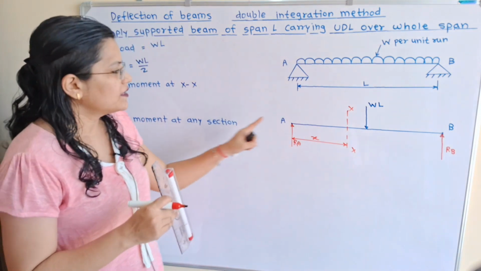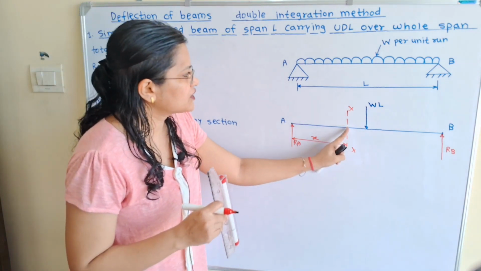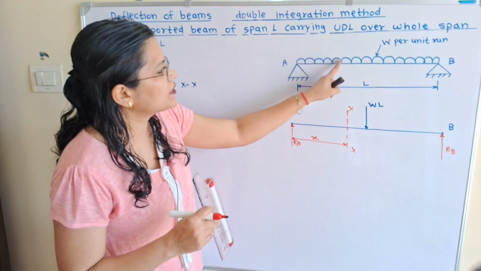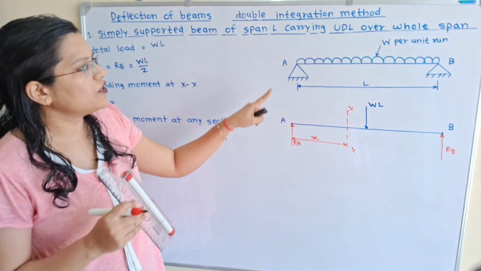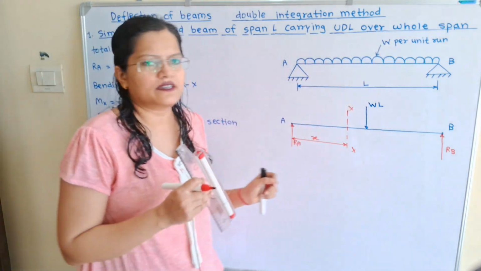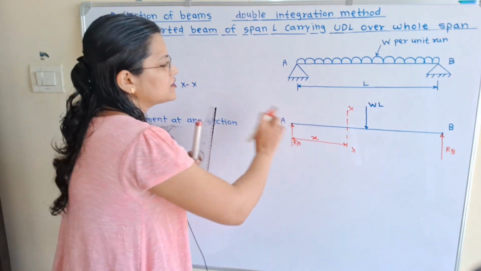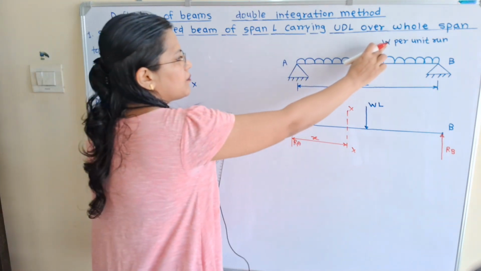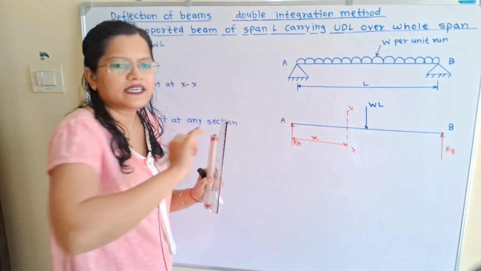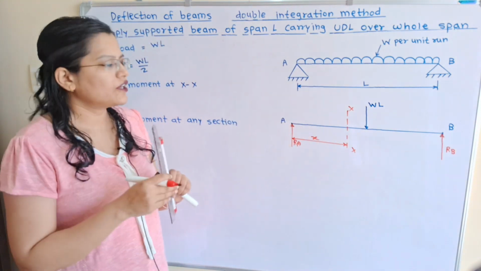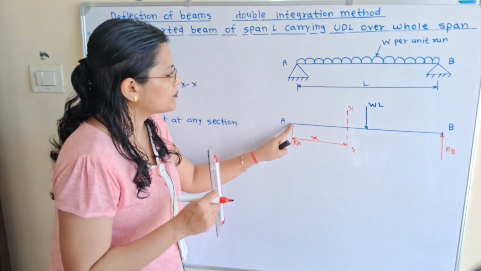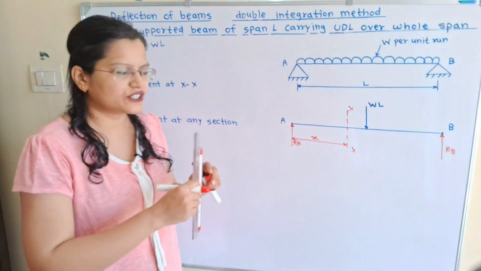Now we know that from end A up to section XX there is a uniformly distributed load whose value is W per unit run. That means the total load is W multiplied by this length x. Now this load acts at the center between A and section XX.